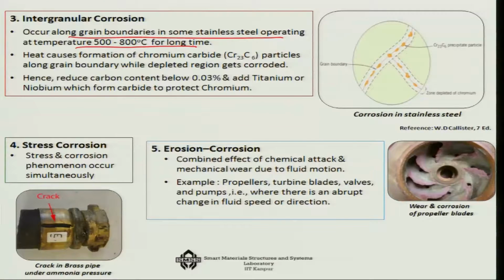What happens, for example in steel, is that the heat causes the formation of chromium carbide particles along the grain boundary, and then this creates corrosion along the grains themselves. This is particularly important when high temperature for a long time comes into the picture, particularly for turbine blades and things like that.